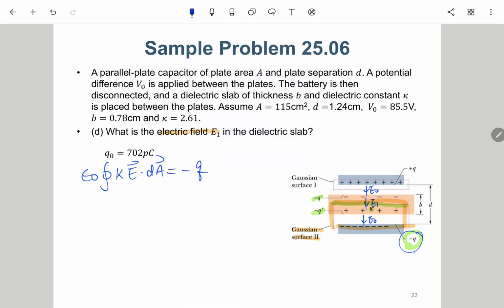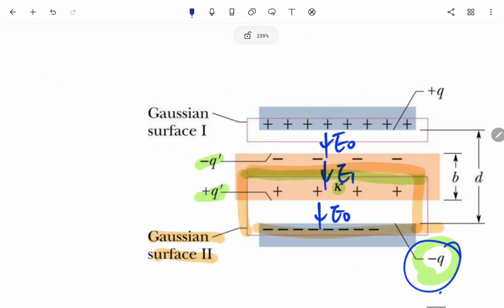So here we have epsilon naught. A little bit tricky thing is that this E1 is pointing downward, canceling part of the E0, but dA is pointing upwards.